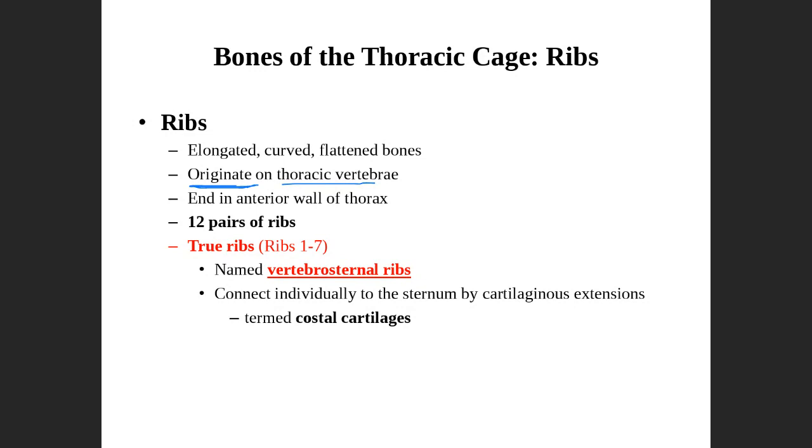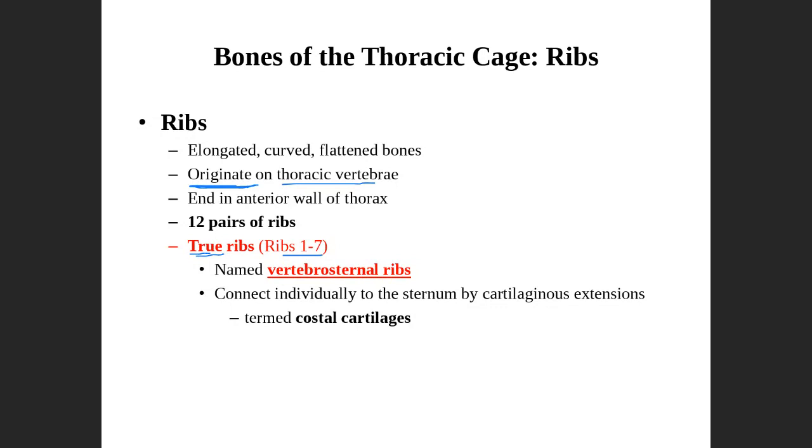So the first 7 pairs of ribs, 1 through 7, are known as true ribs. You want to know both names: true ribs and vertebral sternal. Look at the word. Vertebral, meaning they come off of the spine.